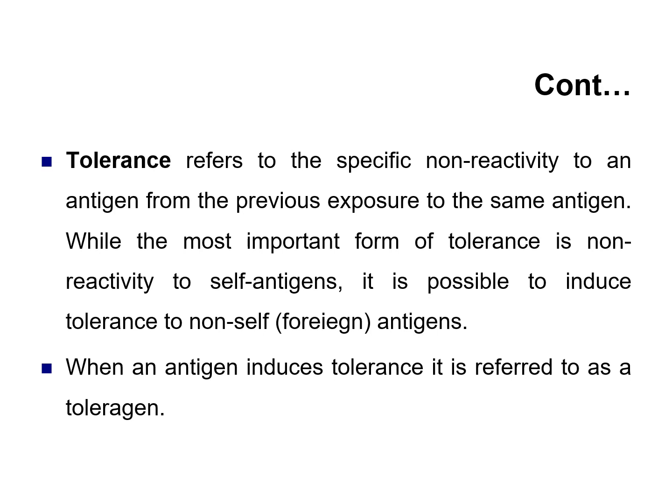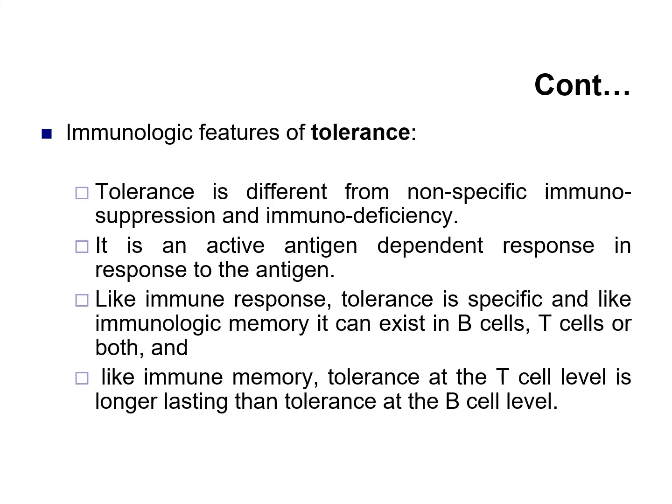Right. So normally when a person is exposed to the antigen for the first time, the second time the body meets the same antigen, there should be a response. However, if there is no response, even if you meet the same antigen, that is what we call tolerance. So when the immune system does not react with the presence of this antigen, we call that substance a tolerogen.